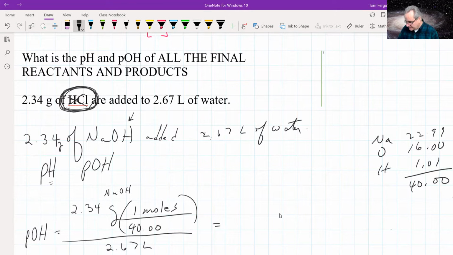So pOH is equal to, and what is it, 3 sig figs?